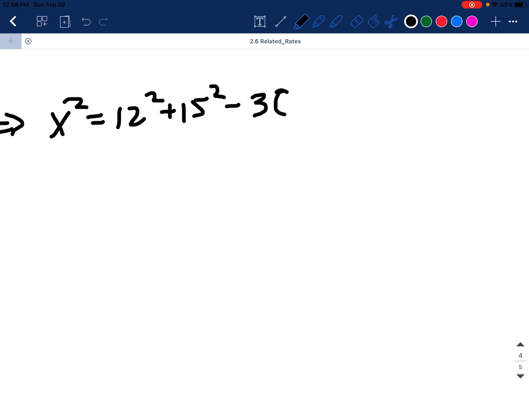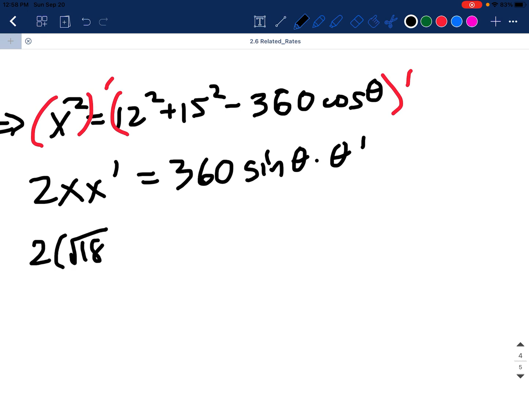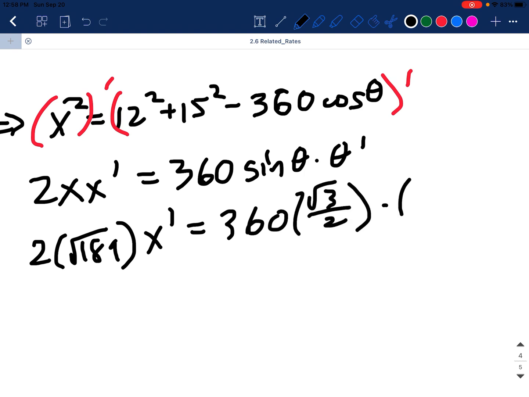We'll just put 360 cosine theta. All right, so we get 2x x prime equals 360 sine theta times theta prime. Again, the negatives will cancel out, and then we'll end up with 2 times rad 189 x prime equals 360. Sine of 60 is rad 3 over 2 times theta prime is pi over 90.